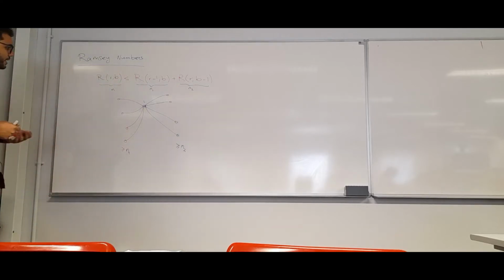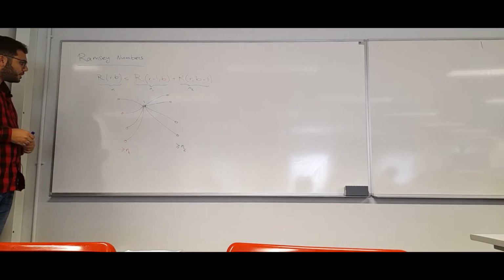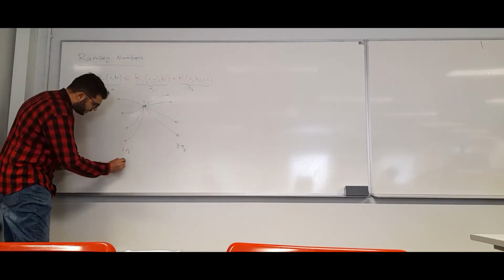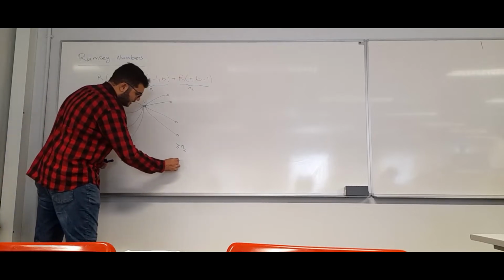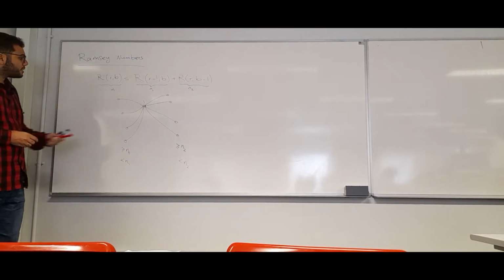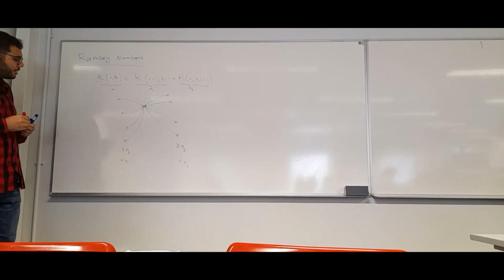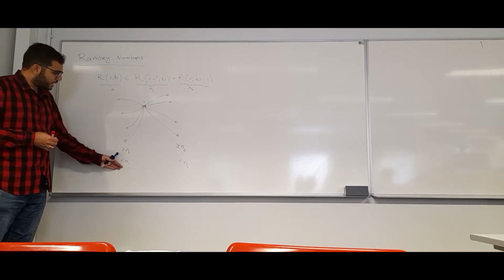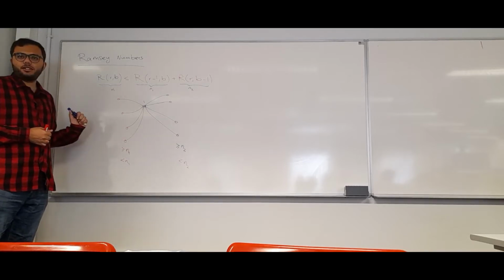So the only case that this kind of construction would not work is if I have less than N1 vertices here, and if I have less than N2 vertices here. And since I also have one vertex here, this means that the maximum number of vertices I can have for this construction not to work is N1 plus N2 minus 1.